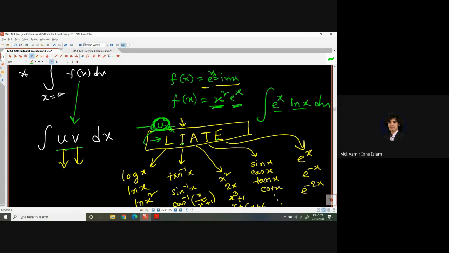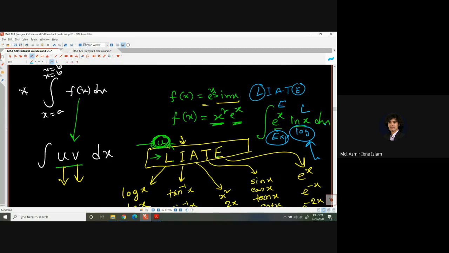by using LIATE form. You can see that here we have a combination of a logarithmic function and an exponential function. So L and E, according to LIATE, L comes first then E. That means u will be ln x.